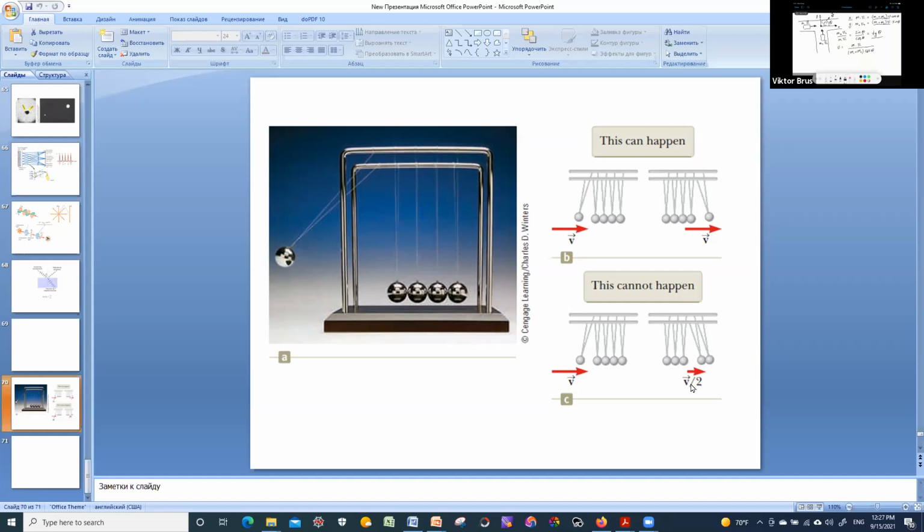You can write that m times v is equal to 2m times v divided by 2, and that is true. However, it never happens. Any ideas what is the reason for that?